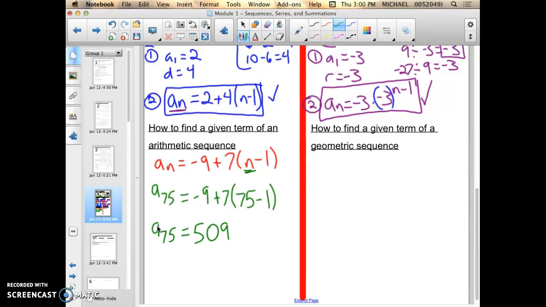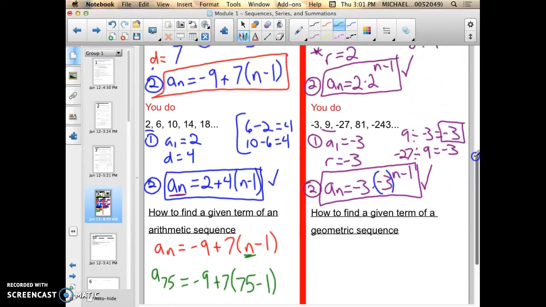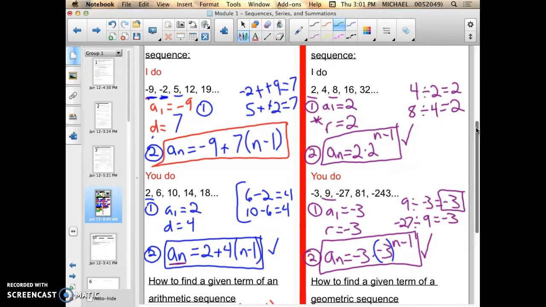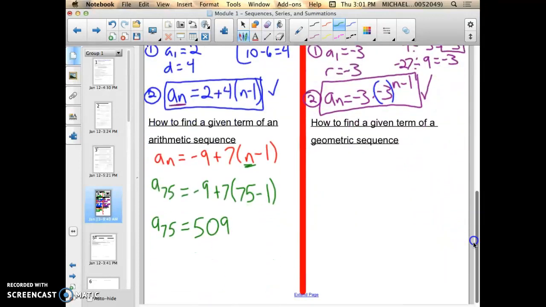To put that into context, if I go back up to this sequence, -9, -2, 5, 12, 19, and so on, if I go all the way to the 75th term, that number would be 509. And I'm done. I used my explicit formula to find a term way out into the distance, and I got my answer of 509.